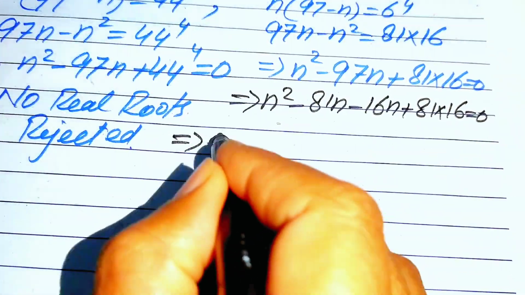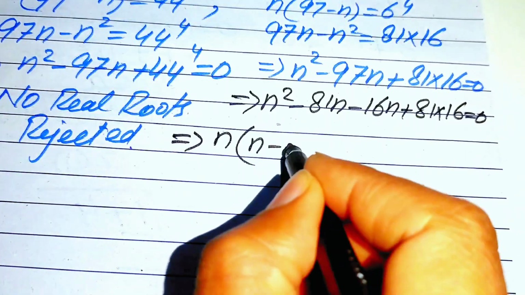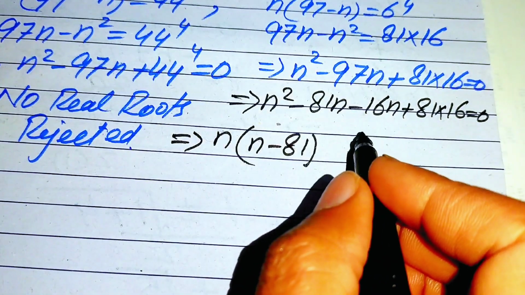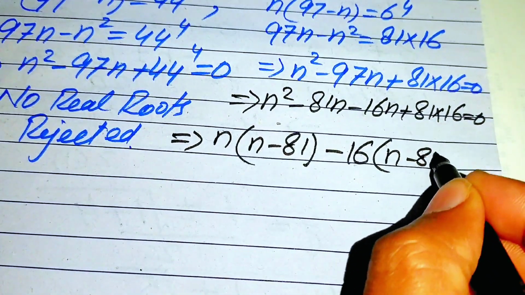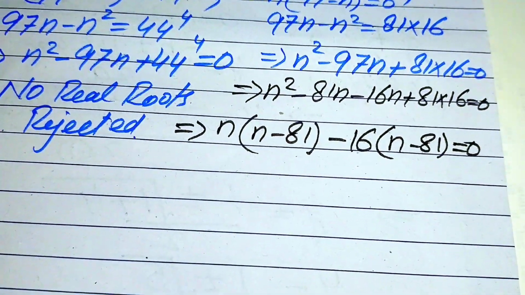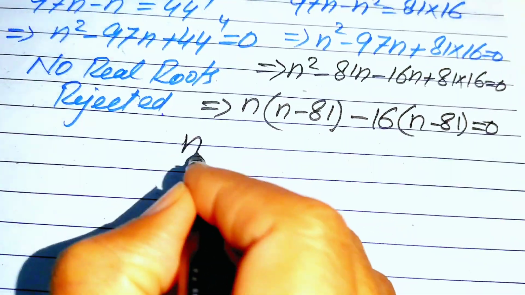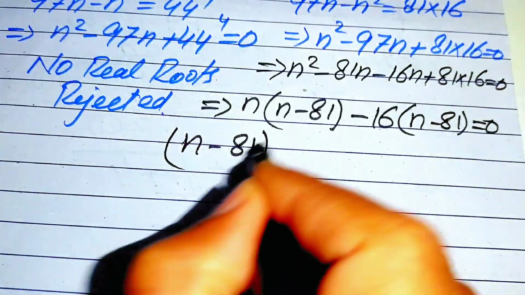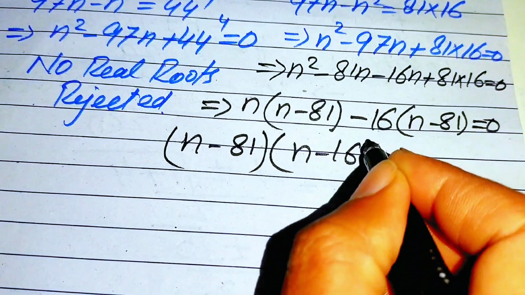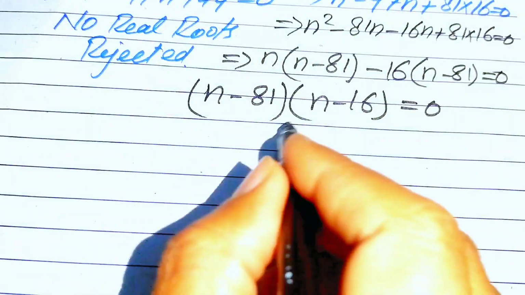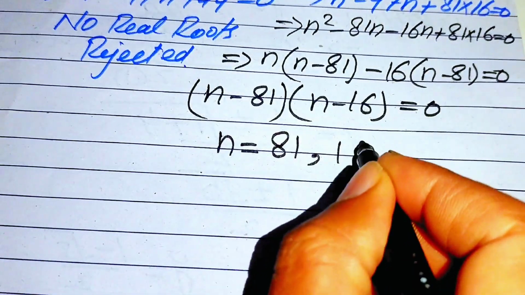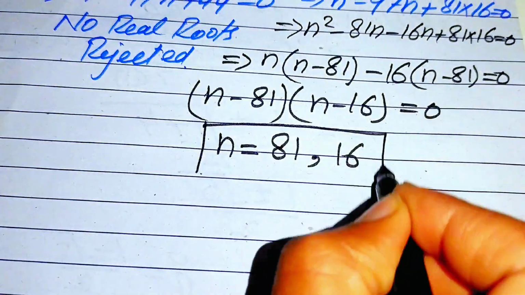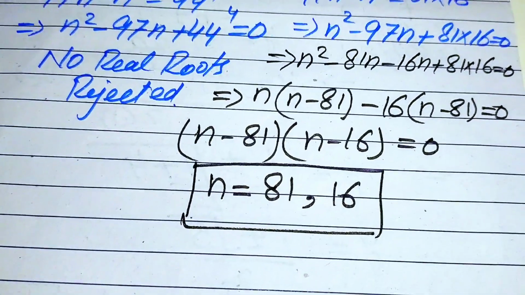And here we take common n, and you get n minus 81, and here we take common minus 16, and you get n minus 81, and this whole equals 0. So the factors of the given equation are n minus 81 and n minus 16 equals 0. So from these two factors we get the value of n is 81 and 16. So this is our final answer of this question.